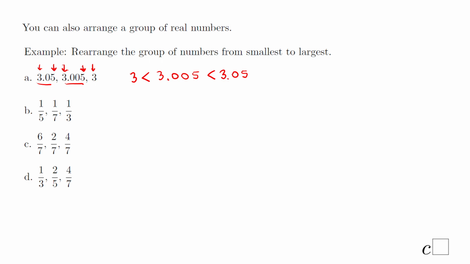What about B? 1/5, 1/7, 1/3. Here you can use a calculator, or you can look: I have the same numerator, 1. And then I see 5, 7, and 3. Which one is the smallest? 1/7, because you divide 1 by the largest number, 7. Which one will be the next one? 1/5. And the last one, the largest, is 1/3.